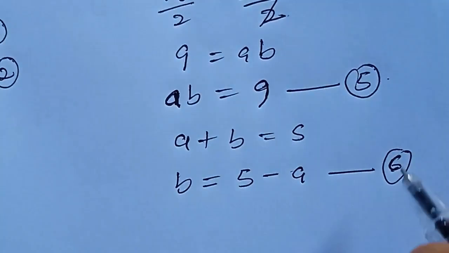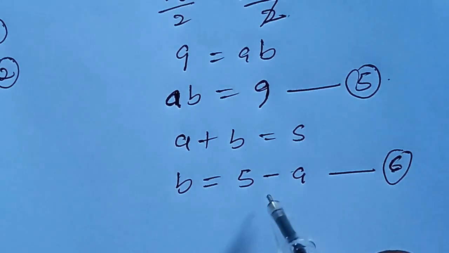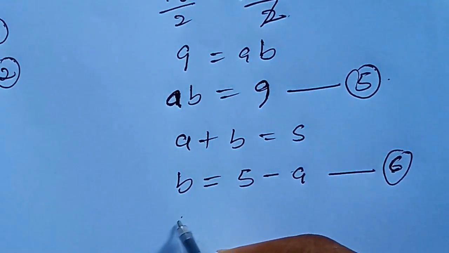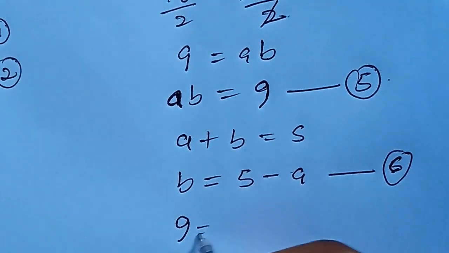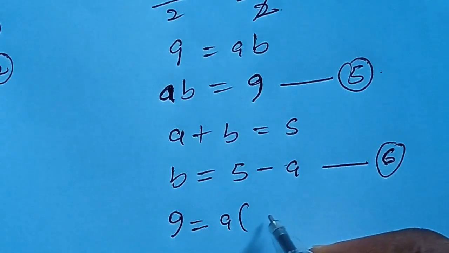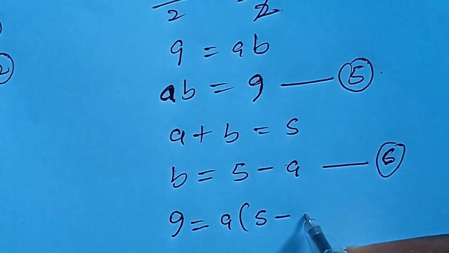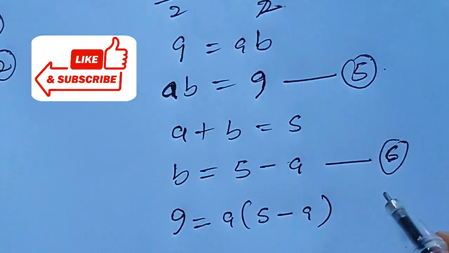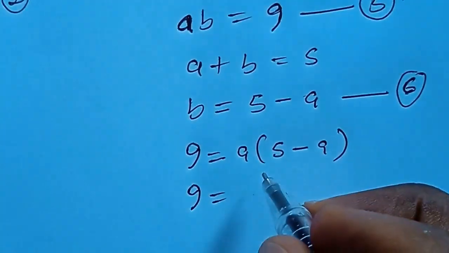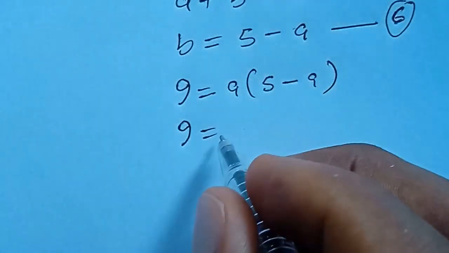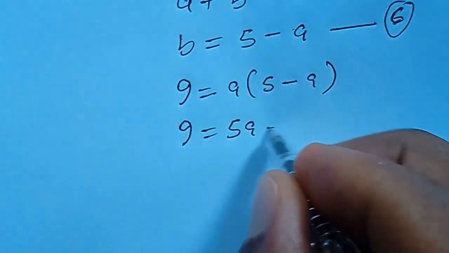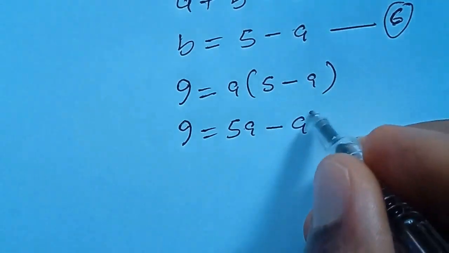From here we can substitute b into equation 5. So we have 9 equal to a times (5 minus a). Close the bracket, and we can expand this. We have 9 equal to 5a minus a squared.